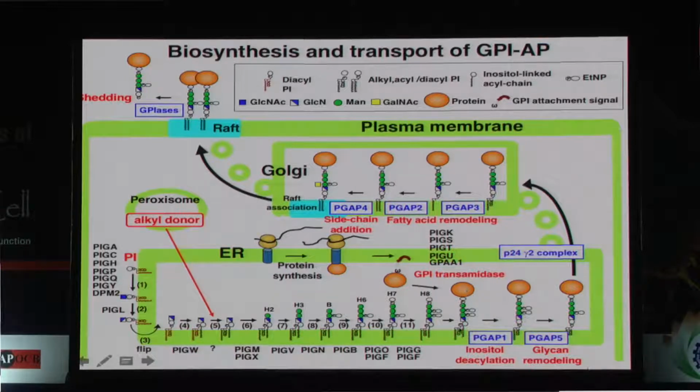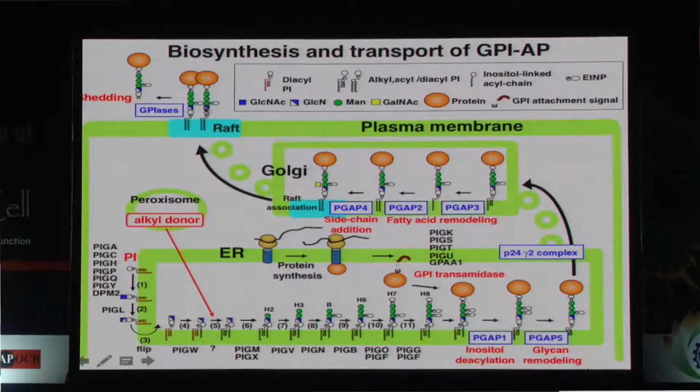And these nascent GPI-anchored proteins further undergo maturation reactions on the way of their transport from the ER through the Golgi to the cell surface. There are several maturation reactions. And finally, on the cell surface, GPI-anchored proteins cluster, as you heard from the previous talk.